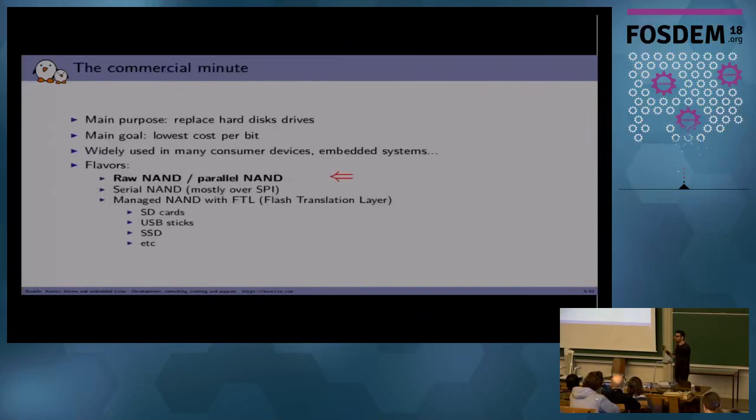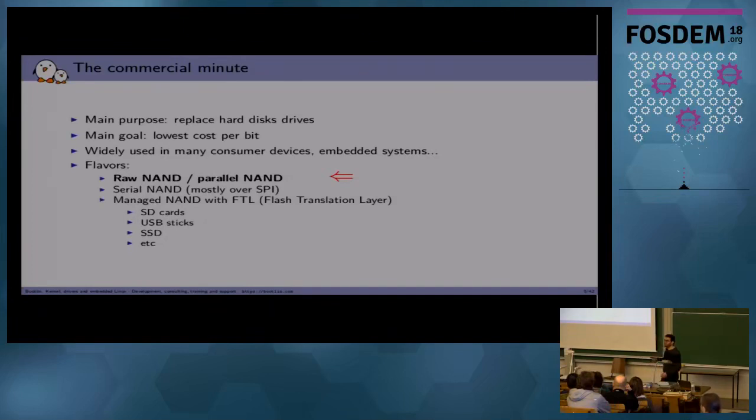Okay, before starting the technical part, just some commercial information. NAND was supposed to replace hard disk drives. The main goal was to have the lowest cost per bit. We'll see how they achieved that with the hardware design.